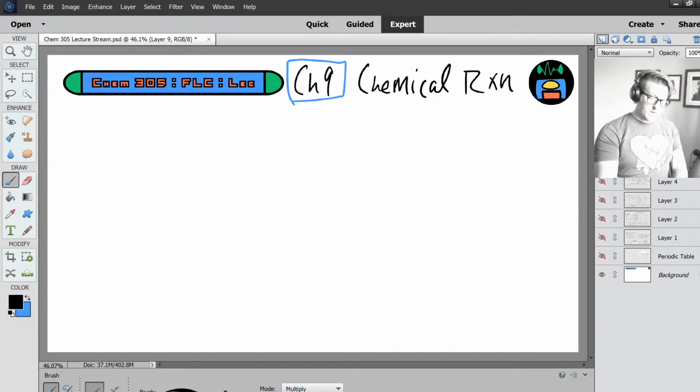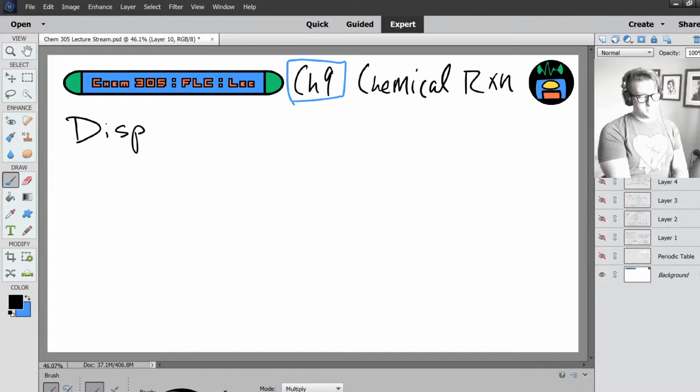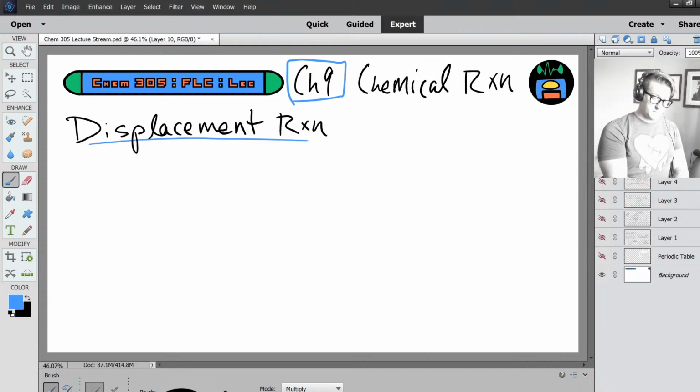Another type of reaction that we've brushed up against in lab actually is a displacement. The displacement reaction looks like this.